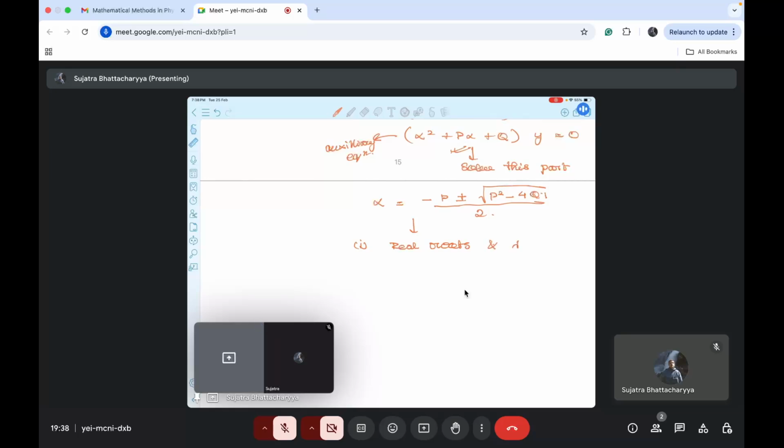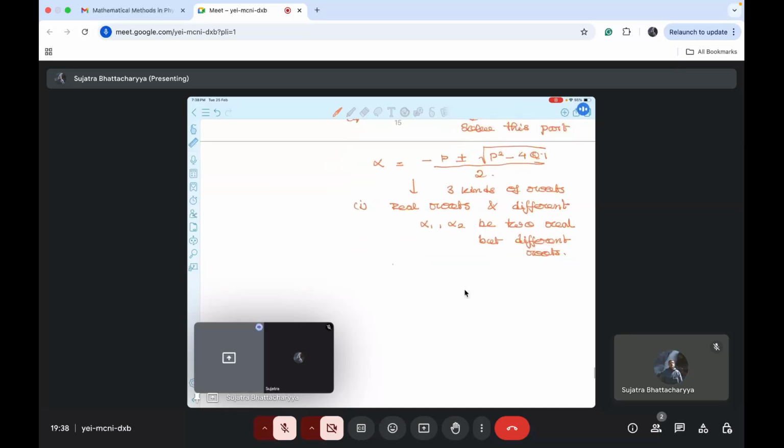Real and different roots, equal roots, and complex roots. So three kinds of roots. Real and different: let us say alpha 1 and alpha 2 be two real but different roots of alpha.